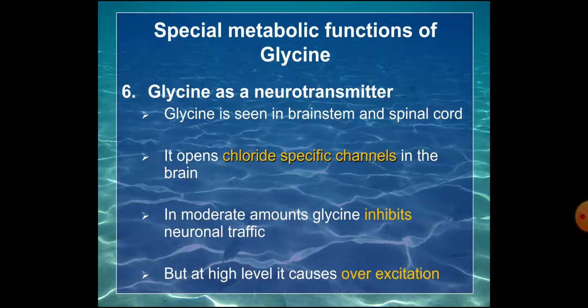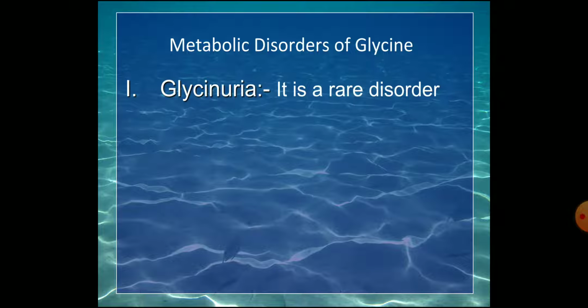So it has both actions. If it is of moderate quantity, glycine acts as an inhibitor. But if the level of glycine is very high, then it causes overexcitation and fits will come.